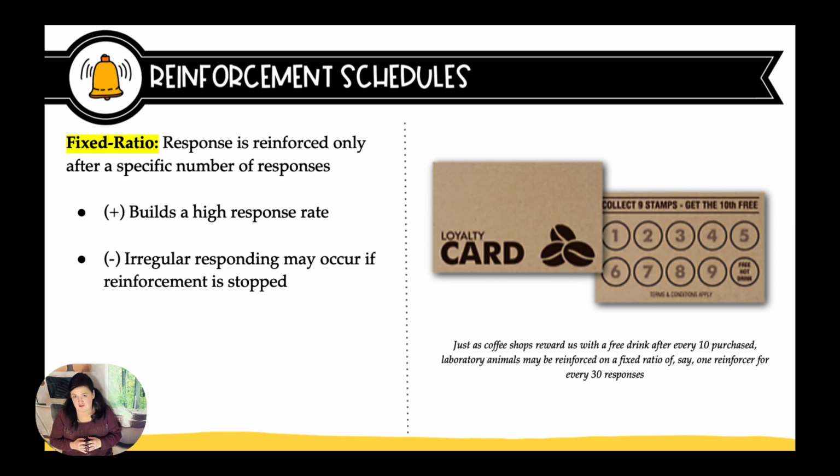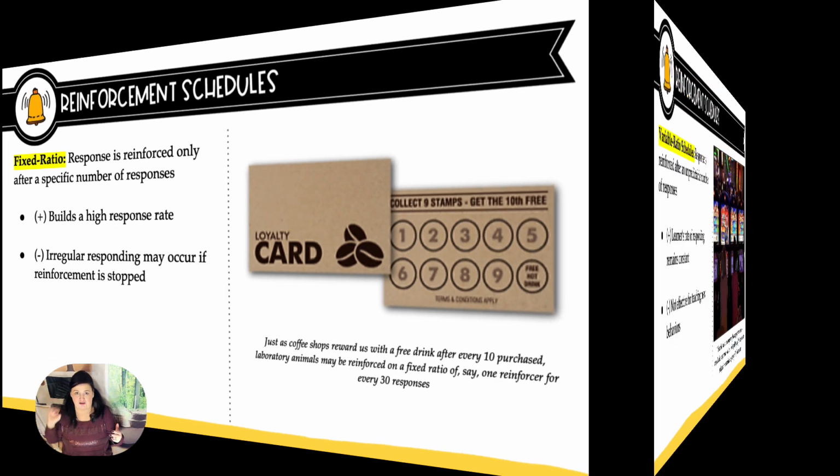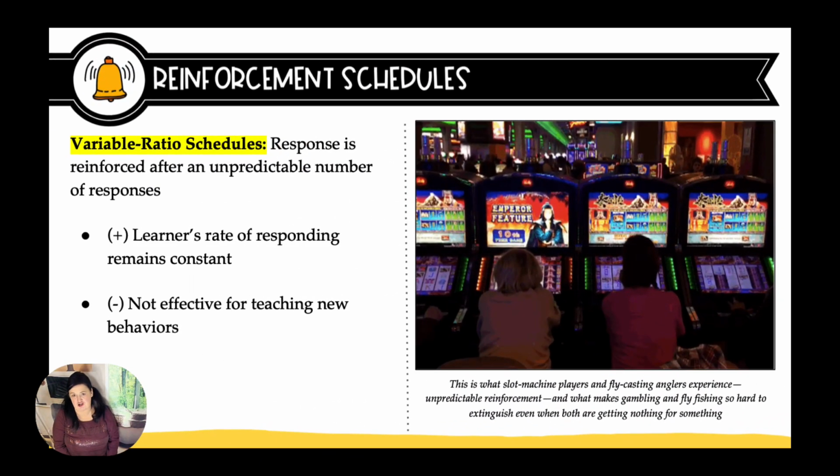So to be clear, if something is a fixed ratio, it is set in stone. It's fixed versus varying. And therefore, you know if you do X, your payment, Y, is coming predictably. So the number of responses that you give or jeans that you make, you get a predictable amount of money. Okay, so that was fixed ratio.